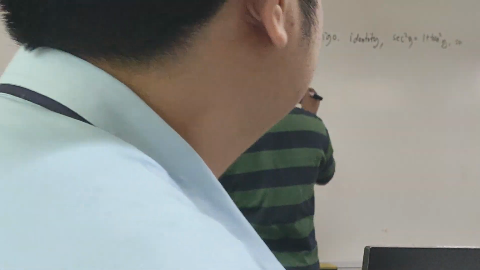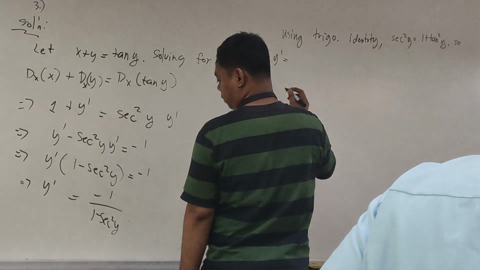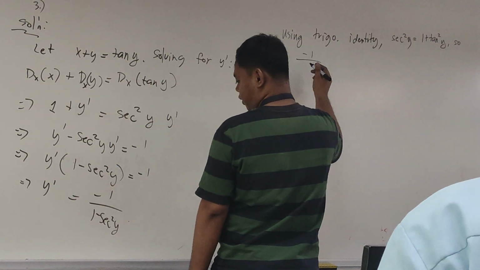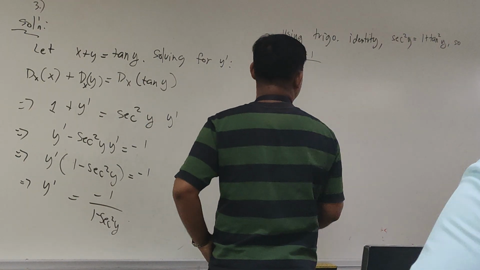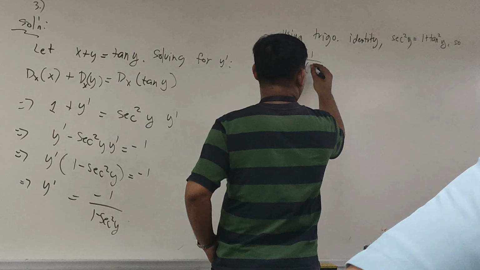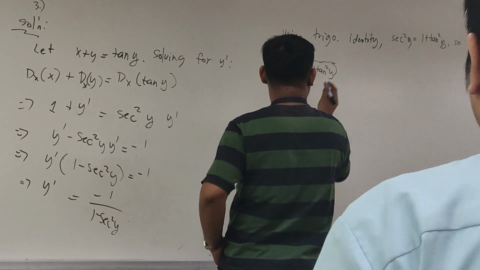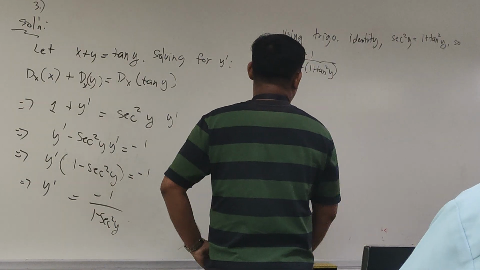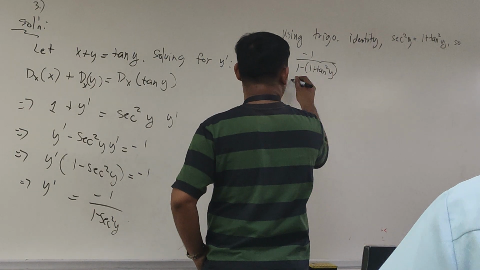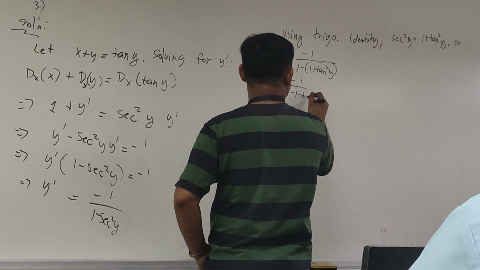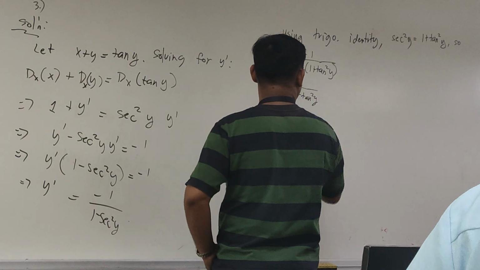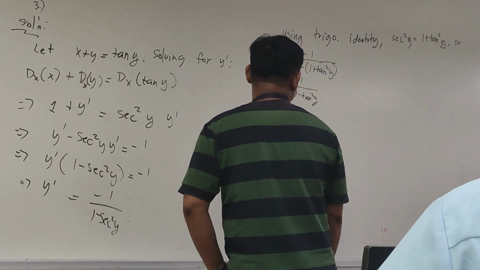So applying the trig identities, we have y prime is equal to negative 1 over 1 minus (1 plus tangent squared y). This one plus that, so that is just negative 1 over 1 minus 1 minus tangent squared y.